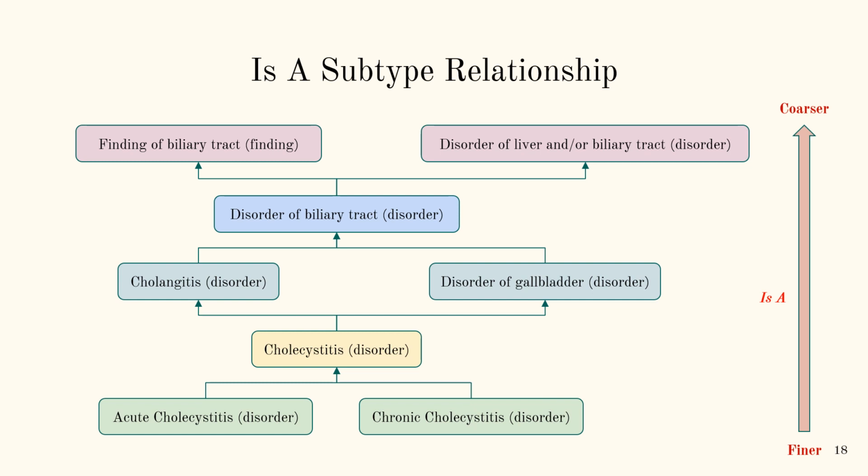For these two, cholecystitis is a subtype child, and cholecystitis itself has two children. It has many more, but for simplicity's sake I've only used two. For cholangitis and disorder of gallbladder, acute cholecystitis and chronic cholecystitis are subtype descendants.